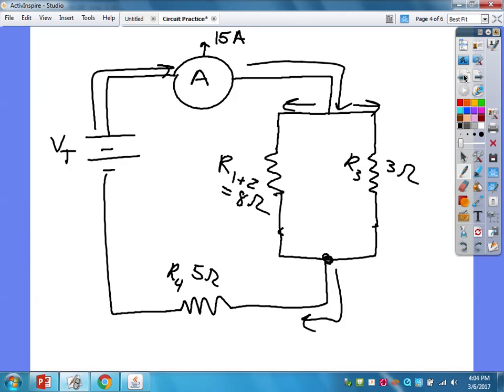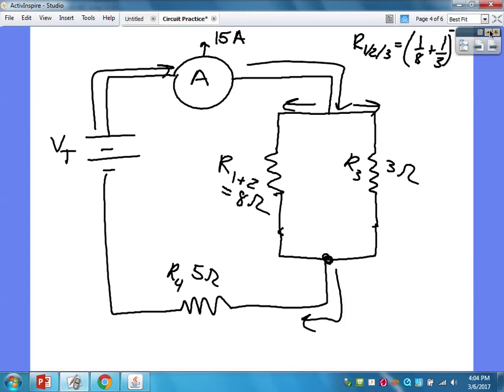Yes. Now, this still doesn't give me an answer. Now I can combine R12 with R3. They are parallel to each other. So R1, 2, 3 will equal the inverse of 1 over 8 plus 1 over 3. Inverse. Okay, sorry.